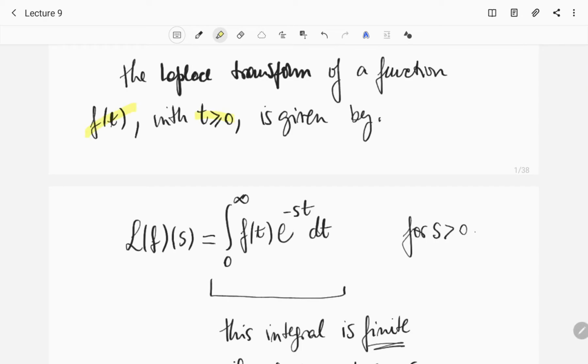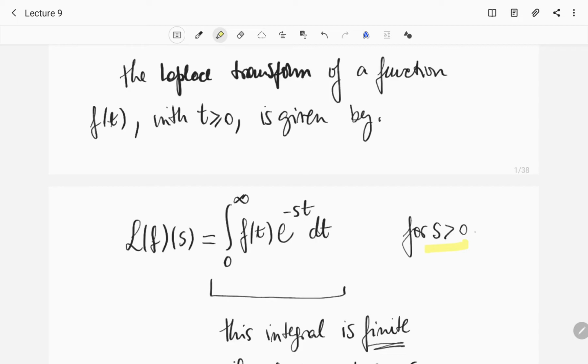Okay, so now the Laplace transform of a function of this form, f of t with t greater or equal than 0, is given by this formula that we have here. The integral from 0 to infinity, so all the possible t's, and we multiply this function by this exponential to the power minus st, where s in principle is positive.